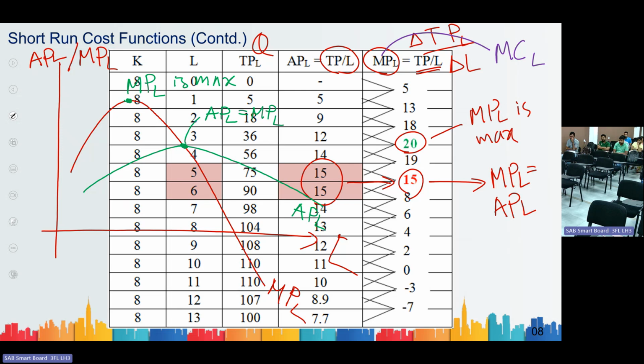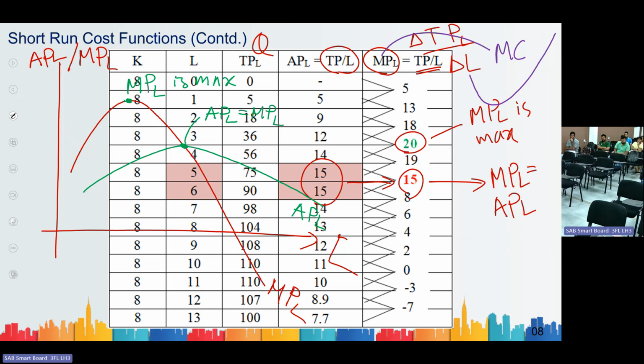As we observed before, marginal cost curve has a U shape like this. So they are related. Marginal product of labor and marginal cost are related.